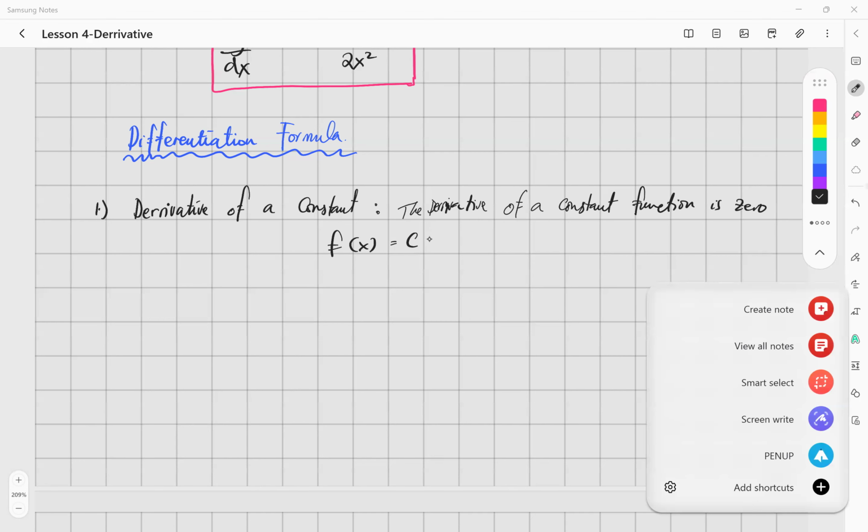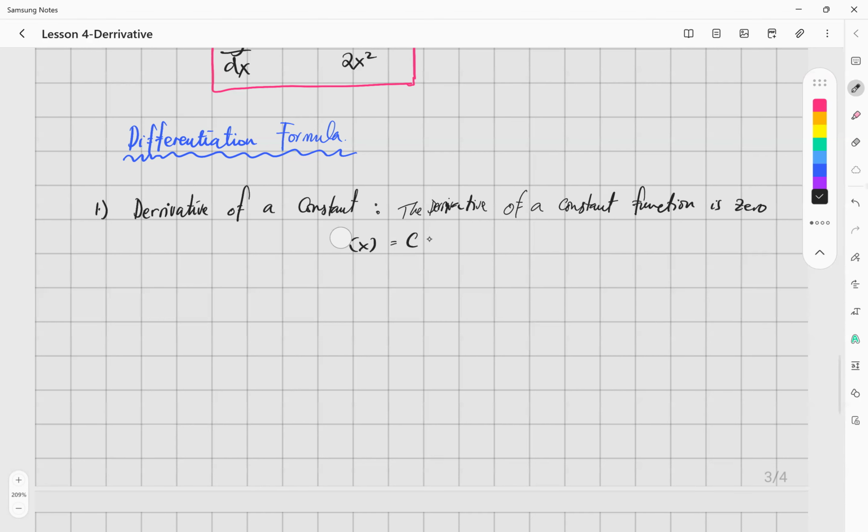The derivative of y, where y is just simply equal to a constant, with respect to the variable x, is simply 0.